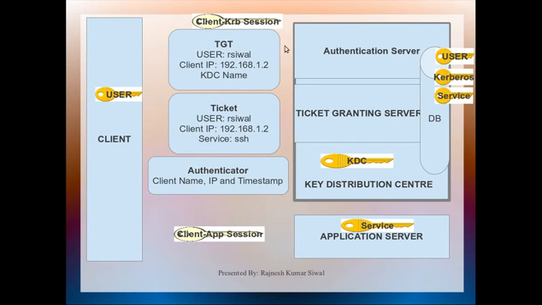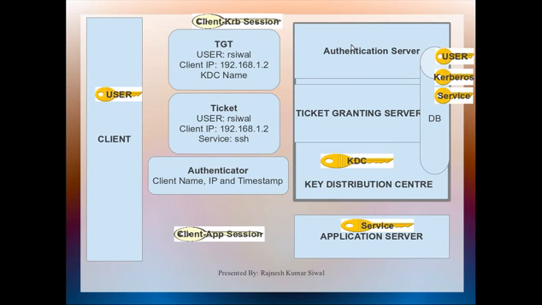These details will include a ticket granting ticket which is encrypted by the KDC's private key, and the second part is the session key, and altogether both are then encrypted with the user's private key.